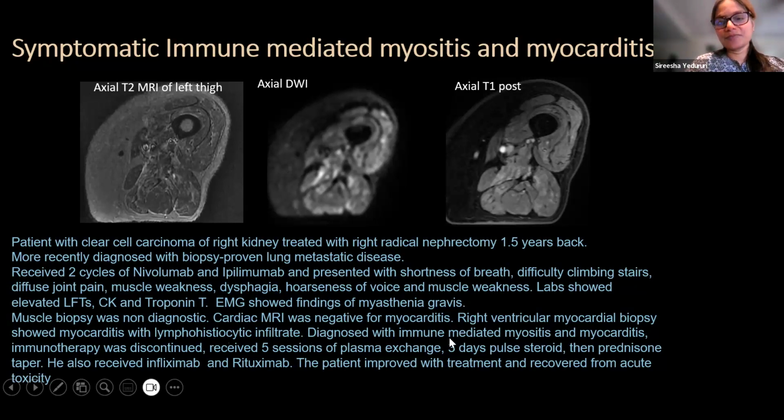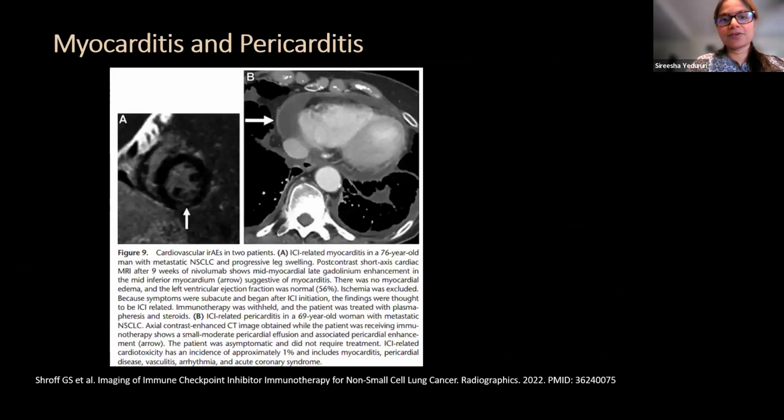So this patient was diagnosed with immune-mediated myositis and myocarditis. The immunotherapy was discontinued and the patient was aggressively treated, survived, and recovered from toxicity. This is another case from the literature from our colleagues. There's myocarditis and immune-mediated pericardial effusion.